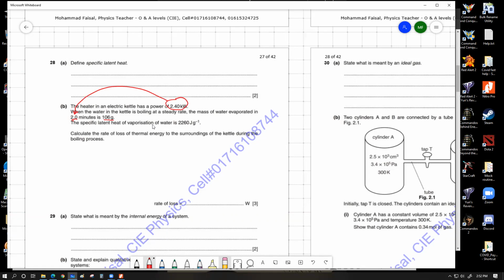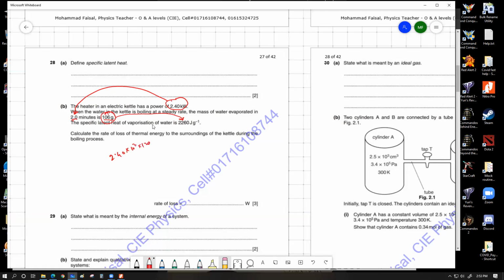It can be done pretty easily. You can calculate exactly how much heat is needed to boil this much water. You find it out by the combination of these two pieces of information, mL_v, and then you calculate how much heat was actually supplied to the system by the product of these two things. So you get the heat supplied by 2.40 into 10 to the power 3 into 120. That's your heat supplied.